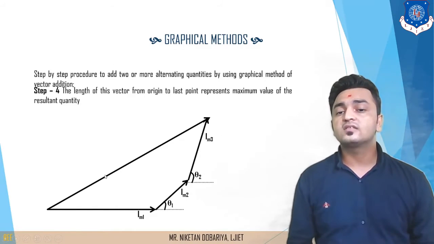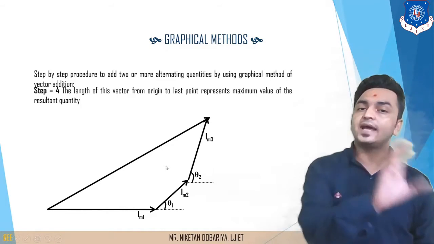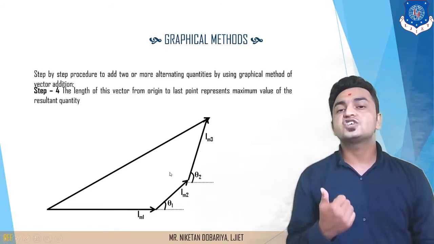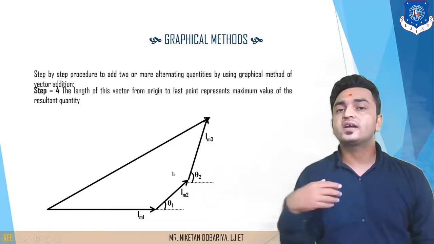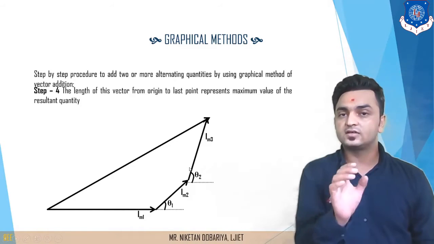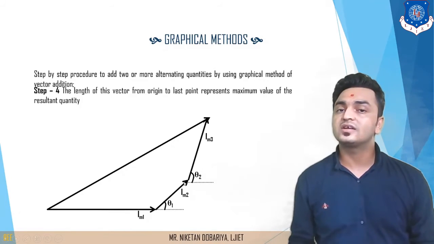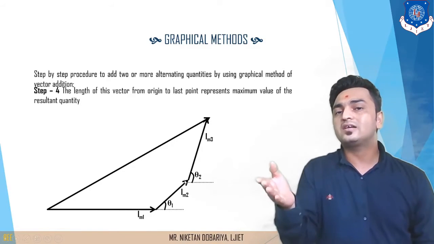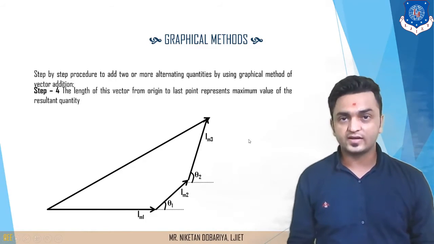When we plotted these three vectors, first of all we converted their magnitudes into lengths. So we had a conversion ratio by which we converted magnitude into length. In the same way, now we have the length of this resultant vector, and based on that conversion we can find the magnitude of the resultant vector.